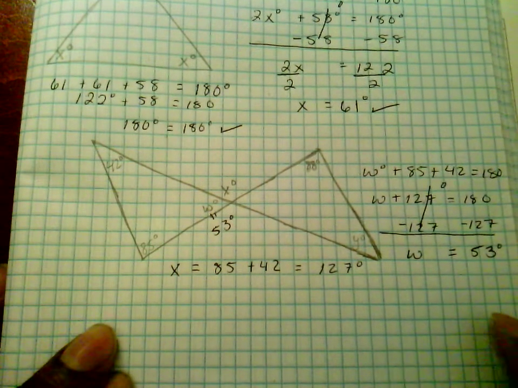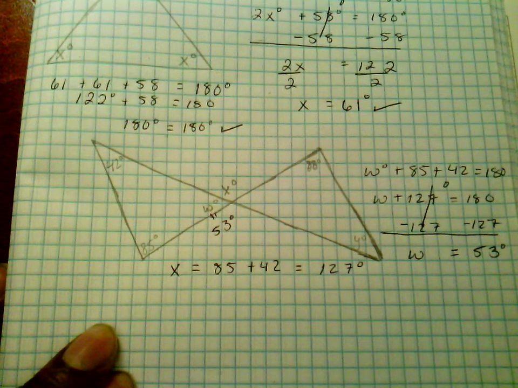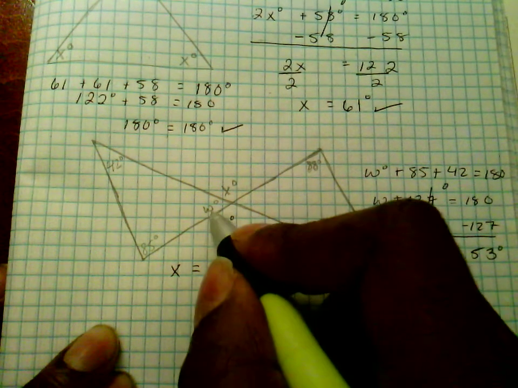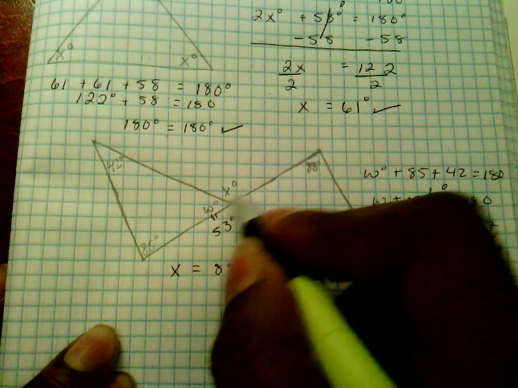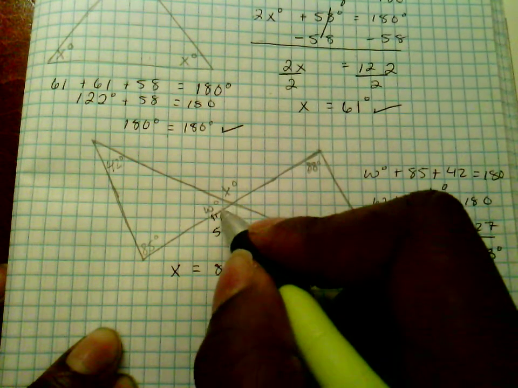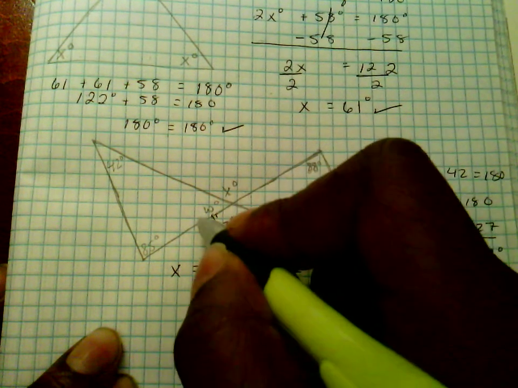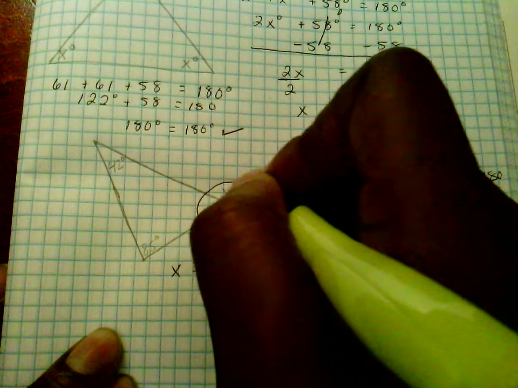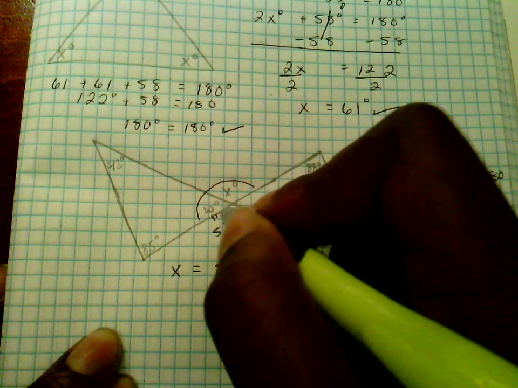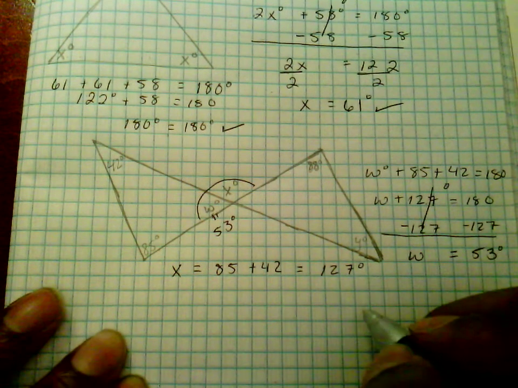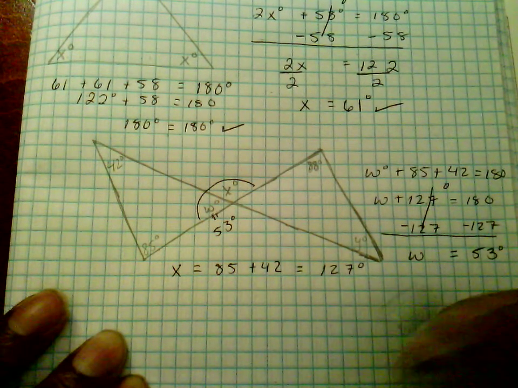Now, like I said, we can also double check this by looking at the connection between W and X. Since we know W is 53, W and X are supplementary angles because they create a straight angle when you combine these together.